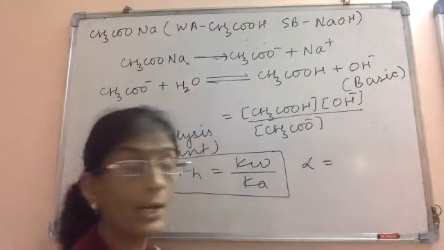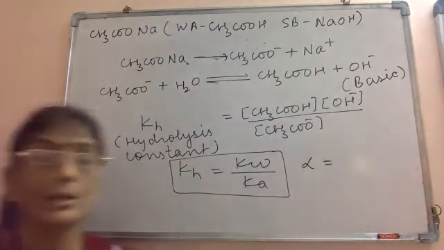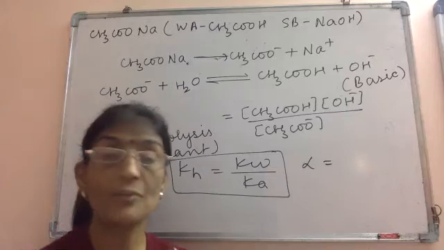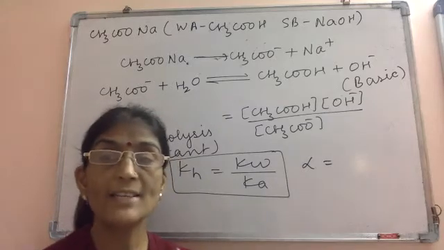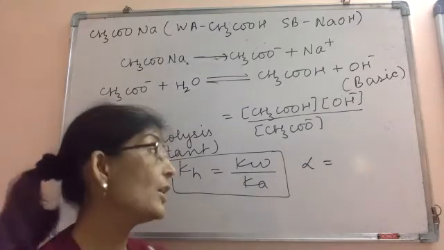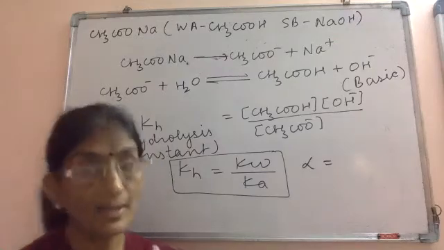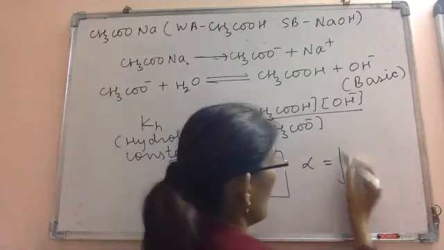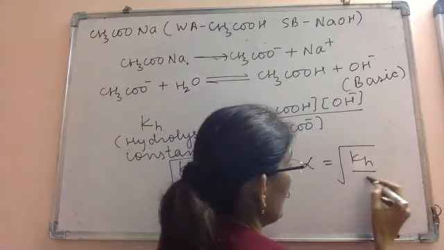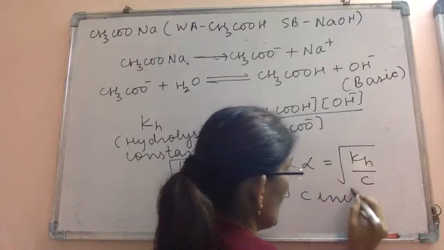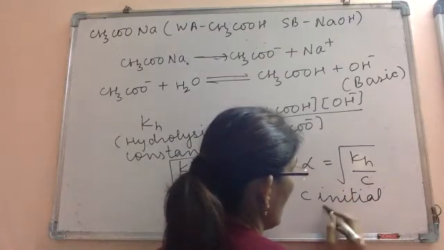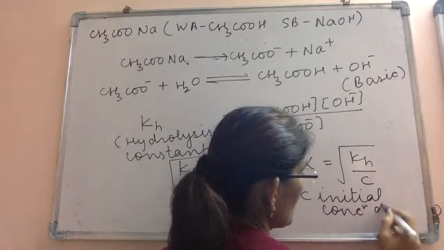Similarly there is degree of hydrolysis. Just as we studied degree of ionization of weak acid and degree of ionization of weak base, there is degree of hydrolysis, alpha, which is equal to under root of KH upon C. What is C? C is the initial concentration of salt.